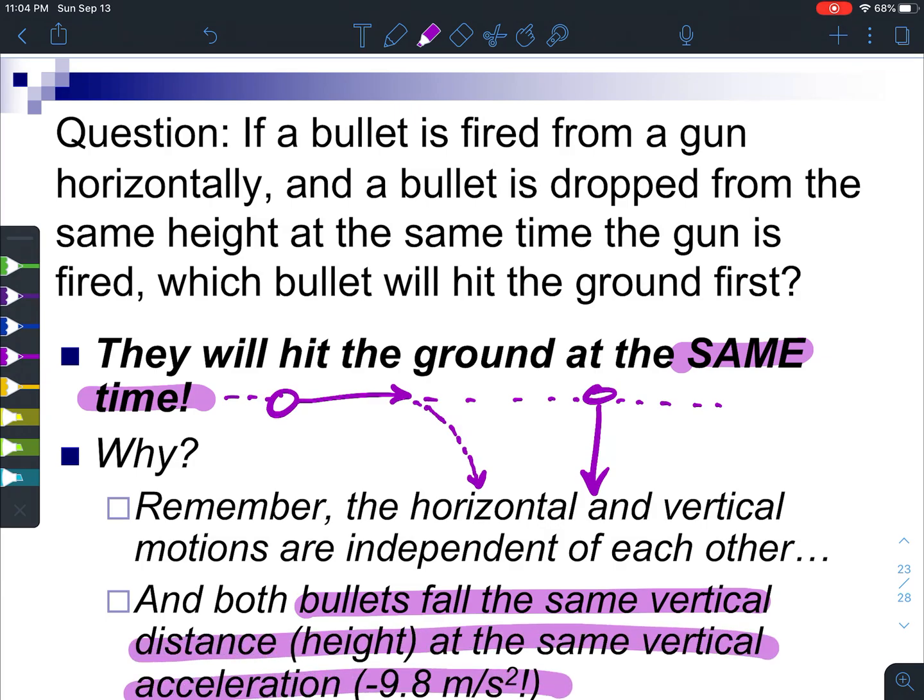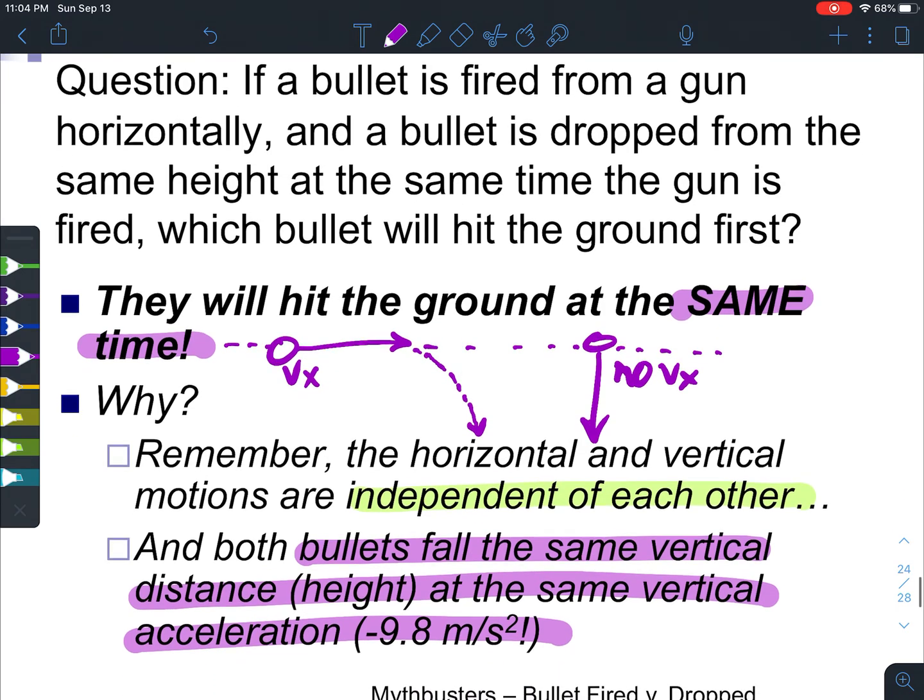They will hit at the same time. Remember, the horizontal and vertical motions don't affect each other. They're independent, right? And so that means that although this first bullet has a Vx and this one doesn't, that only affects where the bullet lands and not how long it's in the air.